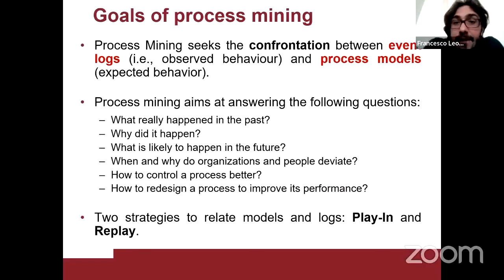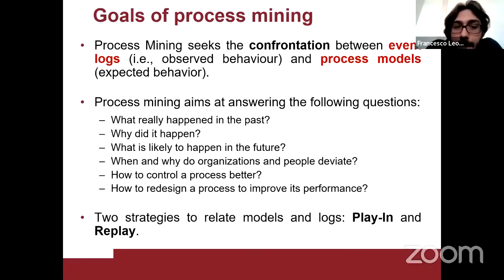But in the end, what process mining wants to do is to confront these event logs with the process model. So a process model must be obtained either in a top-down fashion, or with a bottom-up strategy.